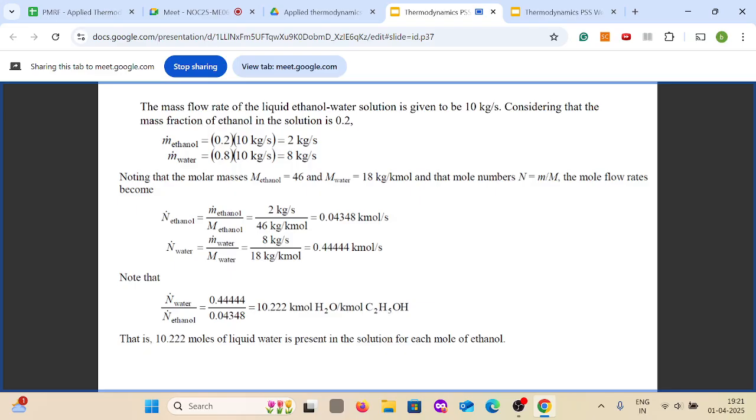Since we know mass and molar mass, we can estimate the moles. The mole of ethanol is mass divided by molar mass, so 2 divided by 46 gives 0.04348 kilomole per second. Similarly, moles of water is 8 divided by 18, which gives 0.444 kilomole per second.